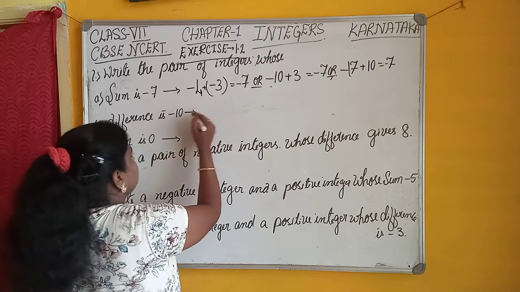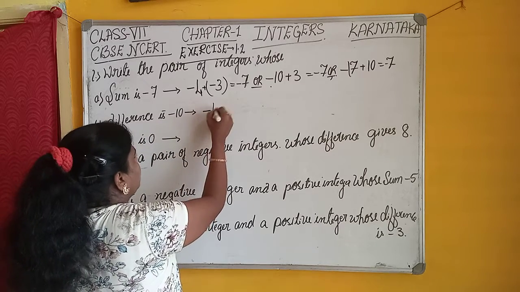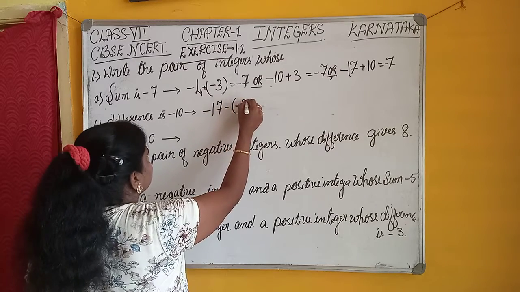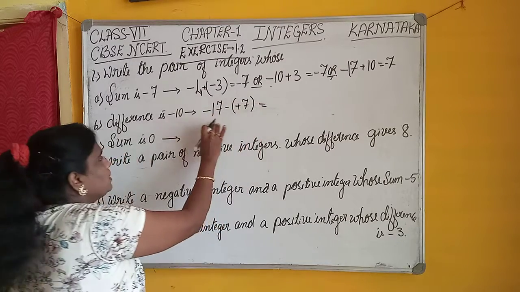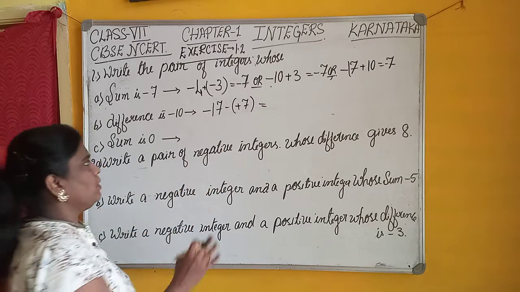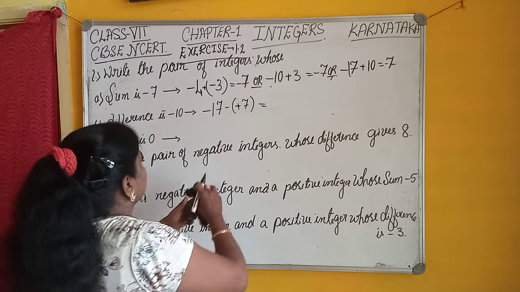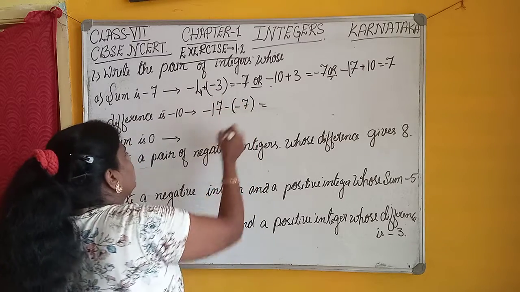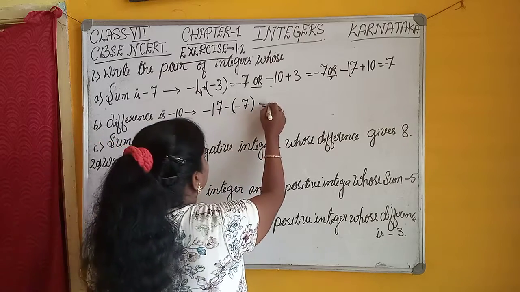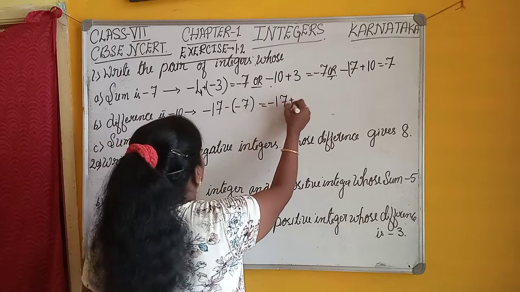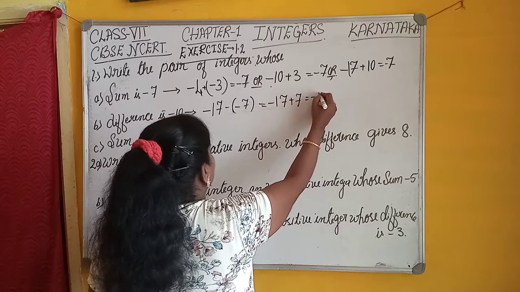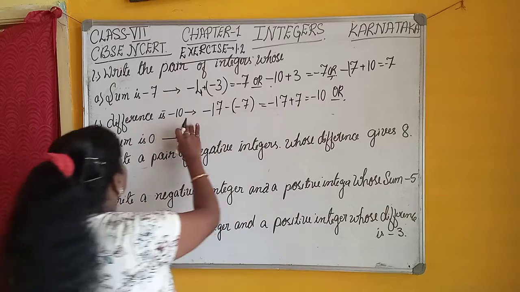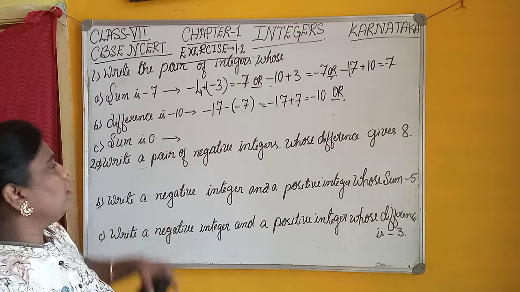So if you want to get -10, take -17 minus of -7, that is equal to -17 plus 7, which is equal to -10. In other words, we can take the difference as -10.